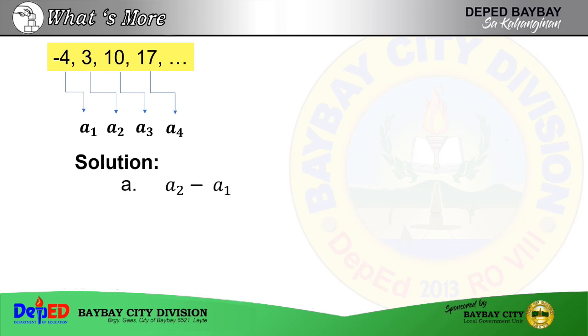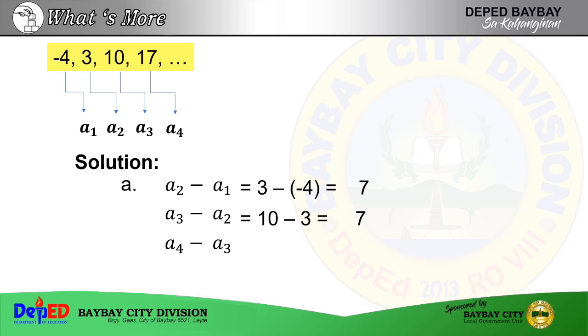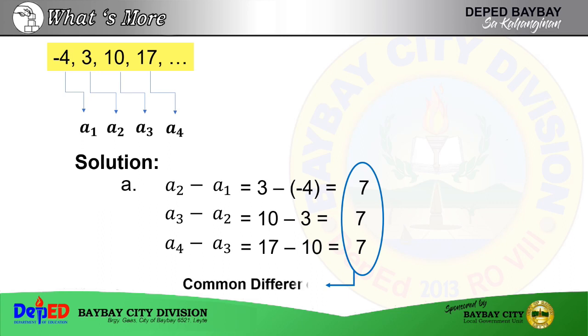Therefore, a sub 2 minus a sub 1 is equal to 3 minus quantity negative 4 equals 7. A sub 3 minus a sub 2 is equal to 10 minus 3 equals 7. A sub 4 minus a sub 3 is equal to 17 minus 10 equals 7. Because there is a common difference between two consecutive terms, therefore the sequence is arithmetic.